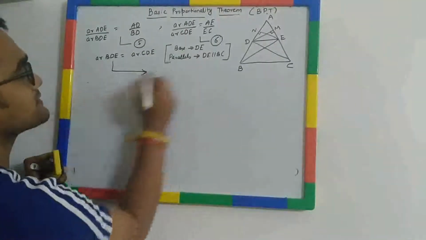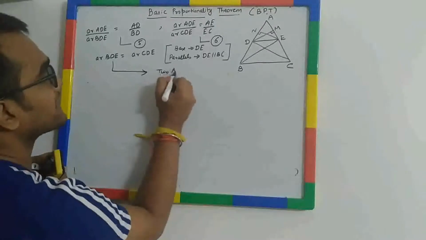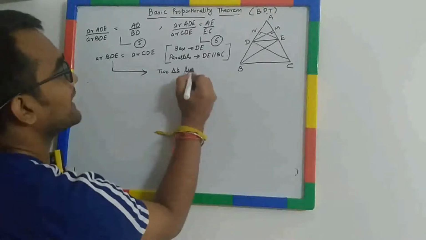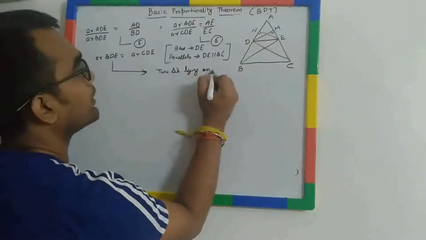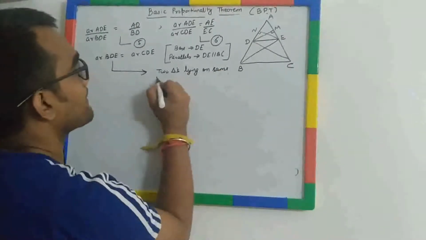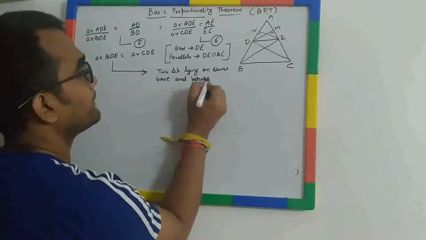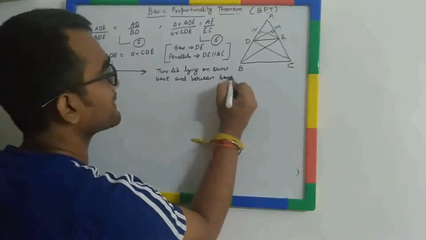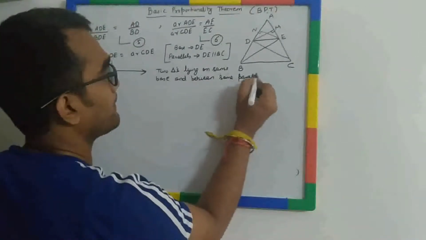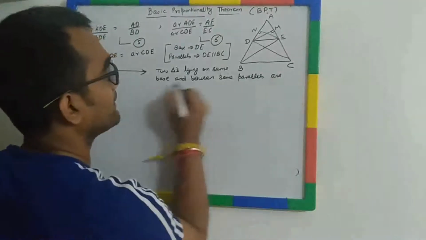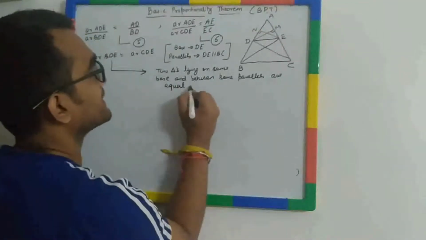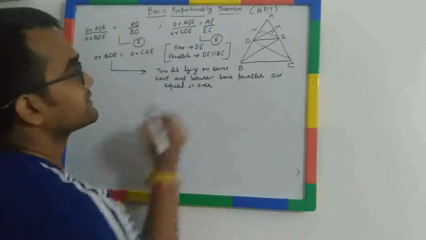The theorem was two triangles lying on the same base and between the same parallels are equal in area.